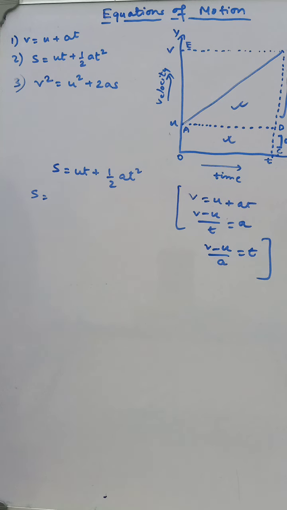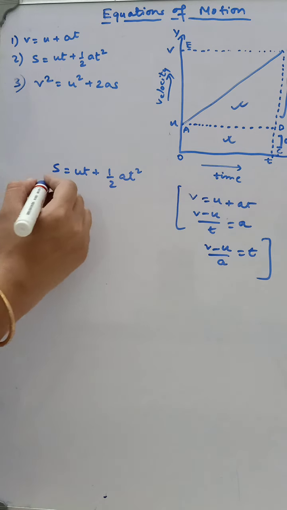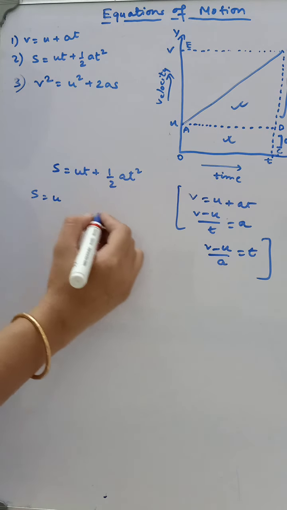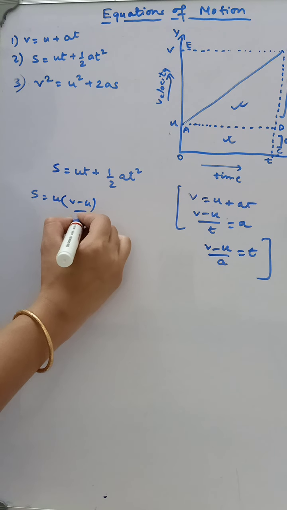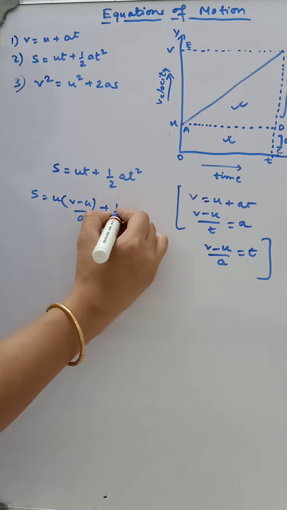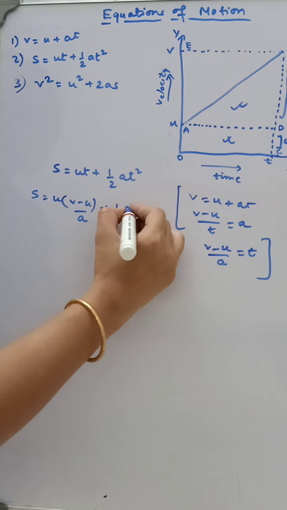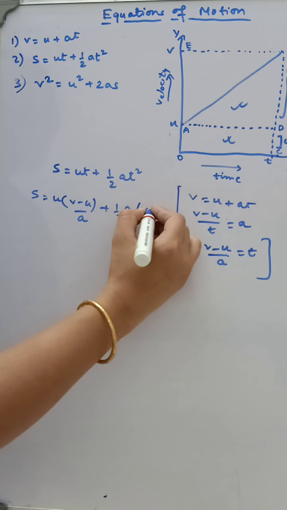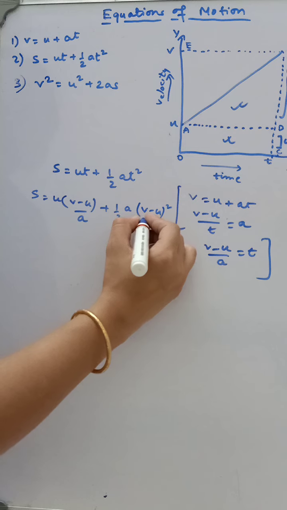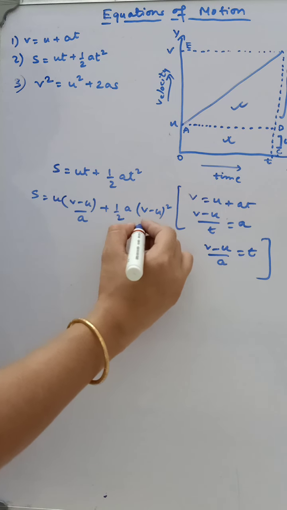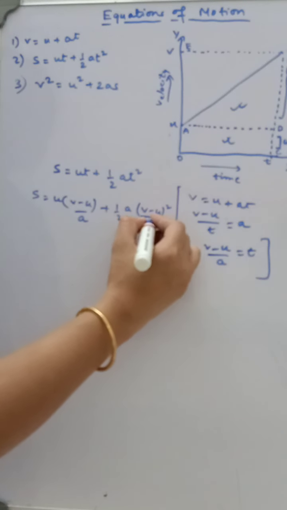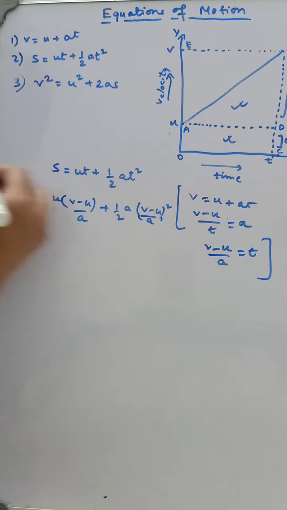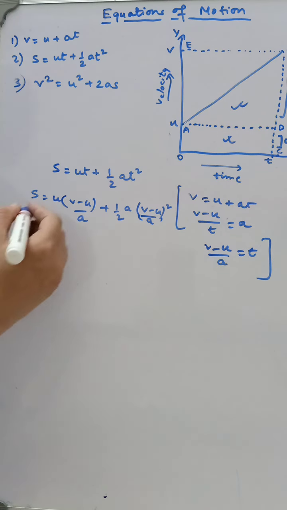Now s is equal to, instead of t we will put (v - u)/a. So we have u into (v - u)/a plus half into a into (v - u)² by a².